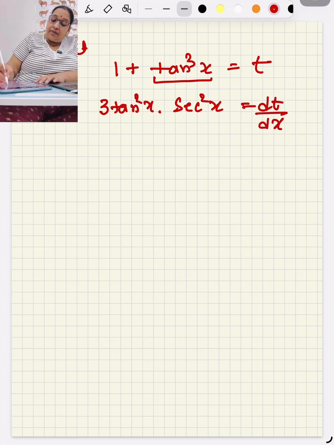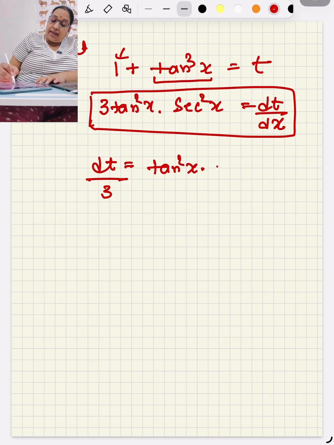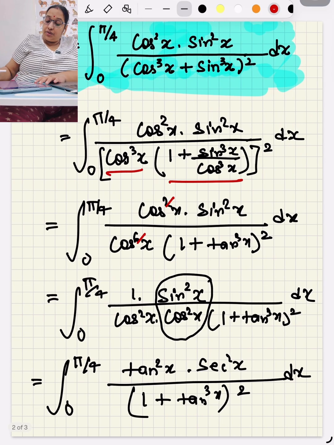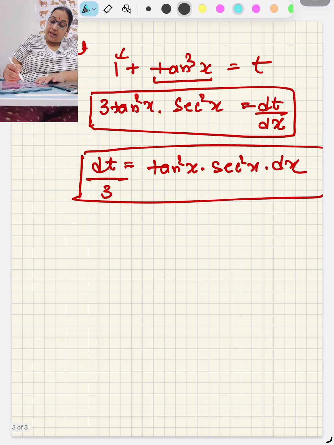That is differentiation with respect to x, and the differentiation of 1 is 0, that you know. So dt is 3 tan square x sec square x dx, or you can write dt by 3 is equal to tan square x sec square x times dx, correct? So tan square x sec square x dx can be written as dt by 3.